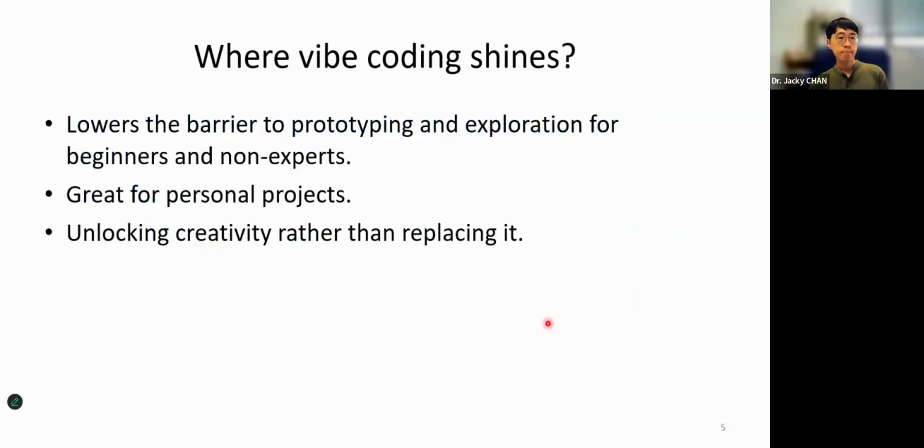And so after having this vibe coding, what we can see is that now it lowers the barriers to prototyping and exploration for beginners and non-experts. Which means even if you don't have any programming experience, or not much, you can still use vibe coding to write your game.